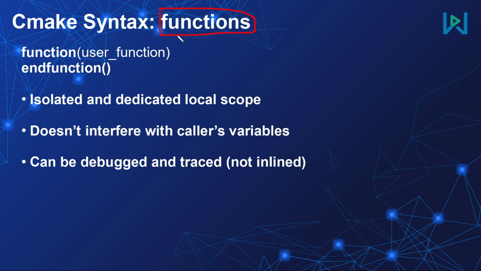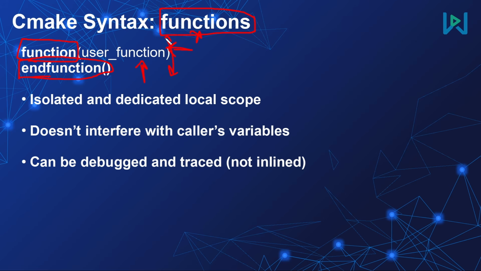Another keyword supported by CMake is function. So we can create a custom function within our CMake code. Similar to macros, we first need to use the keyword function. Then we close the statement of our function definition with endfunction. And here we place the name of our function. So really quite similar to the macro definition.